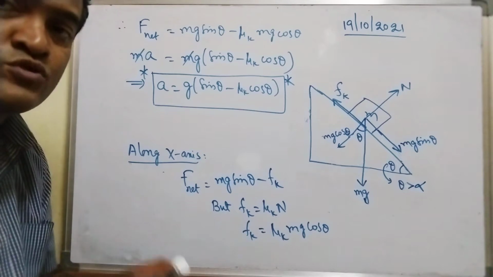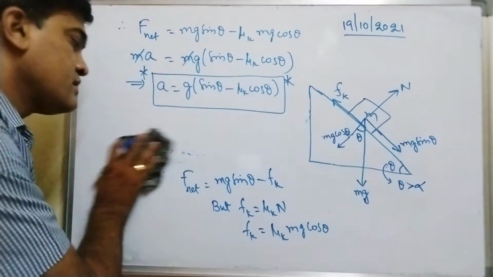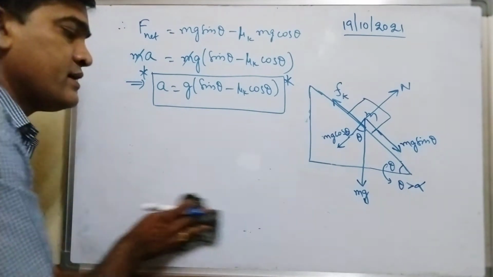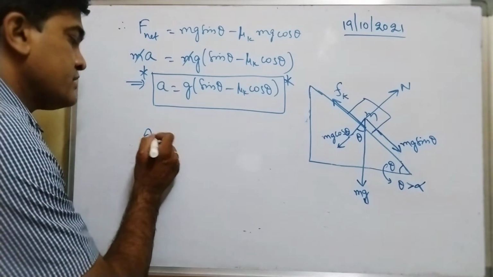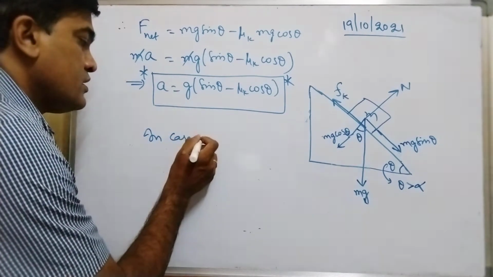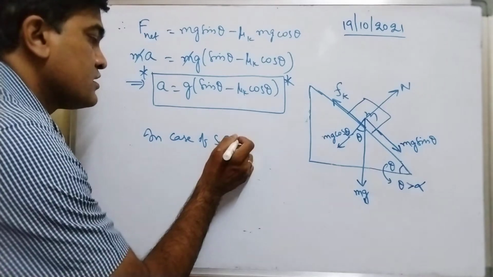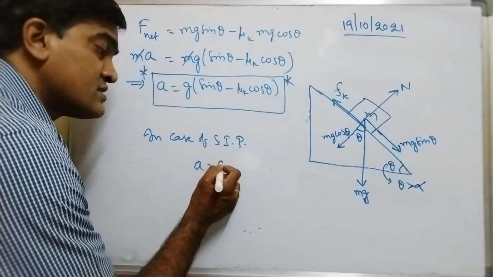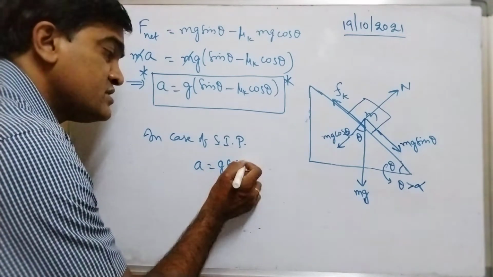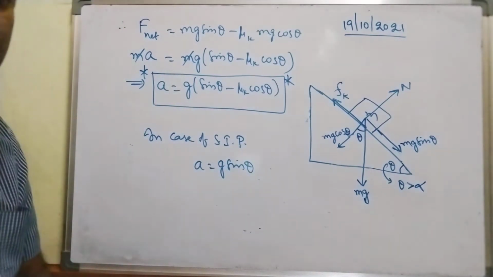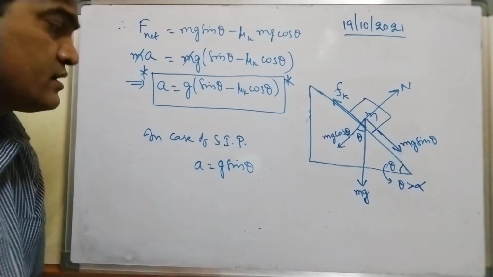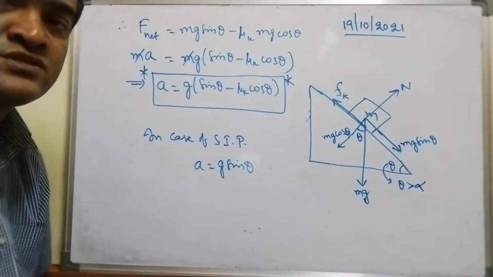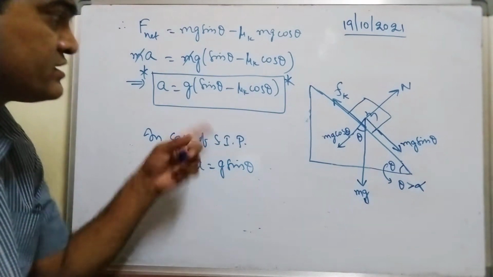Now, in case of a smooth inclined plane, I got the formula for net acceleration as simply g sin theta. Just go through my previous video. There I have written a is equal to g sin theta. This you can derive from here.